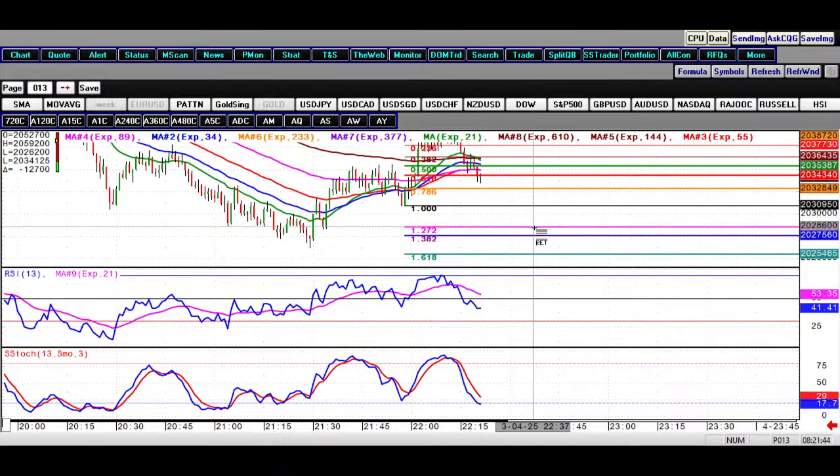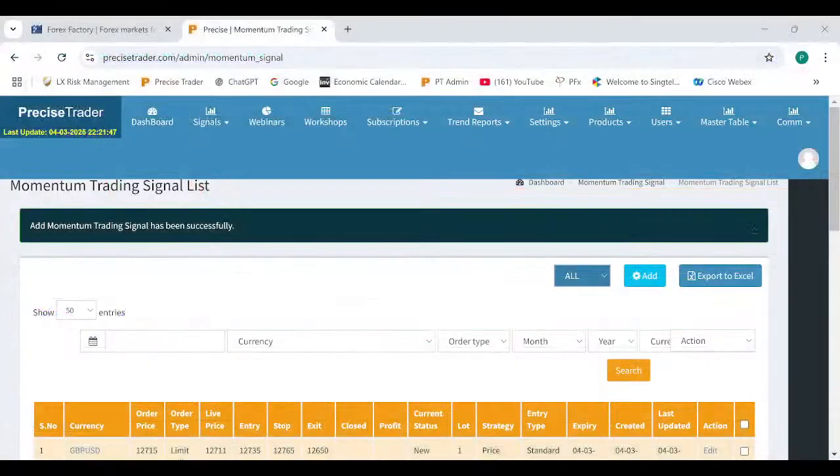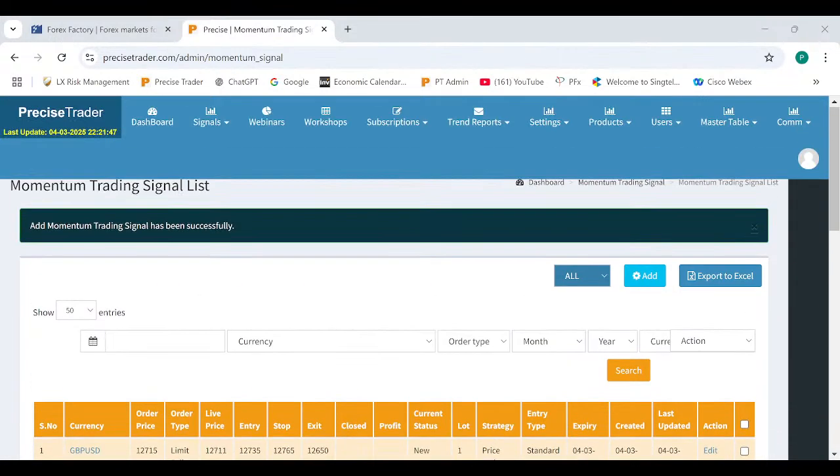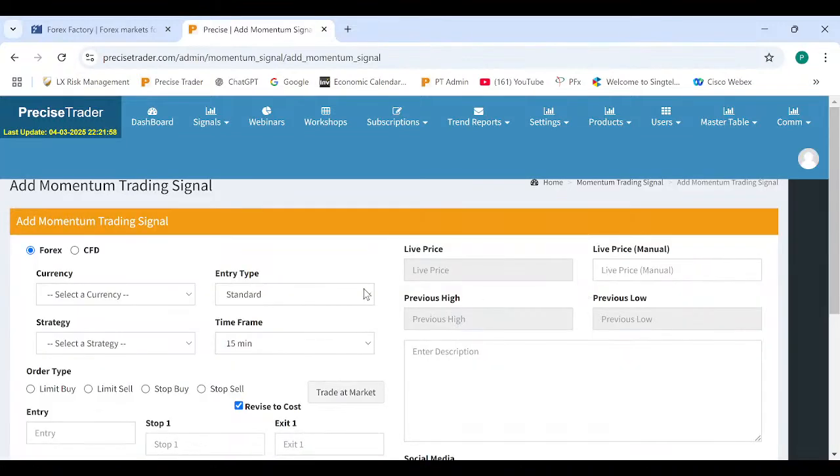Okay, we can try to buy at 20310 and stop below 20250. Okay, and if you are aggressive traders, you can go for this trade also.